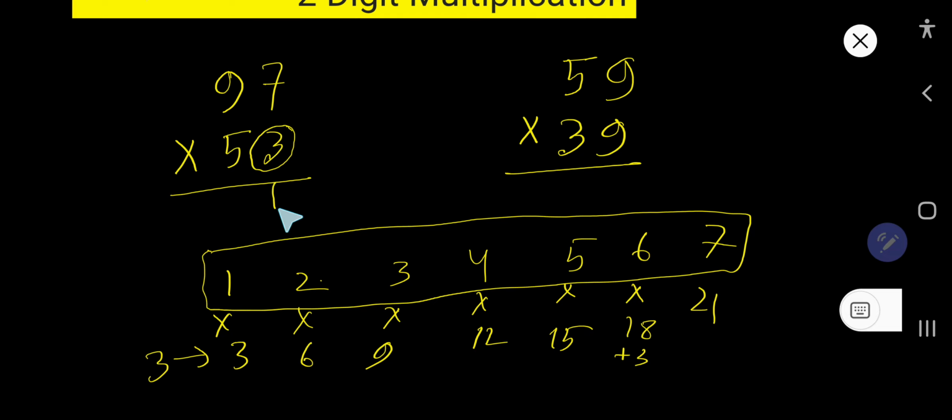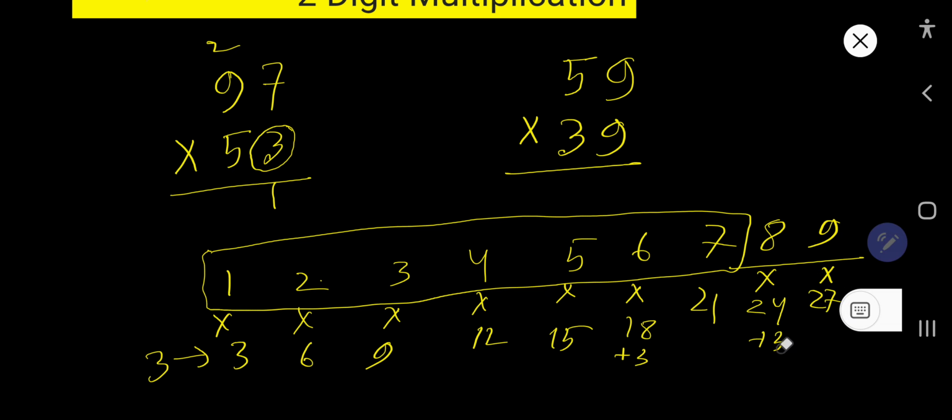So write 1, carry 2. Then 3 times 9 equals what? If you forget, then 8, 9. So 3 times 8, just add 3 to this 21, that is 24. And 3 times 9, just add 3, 27.